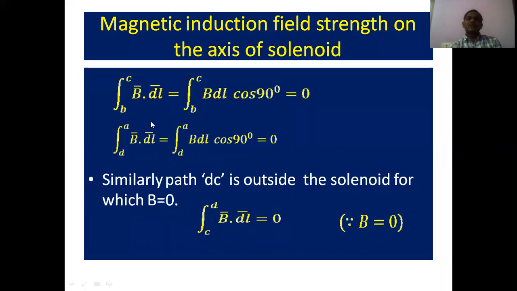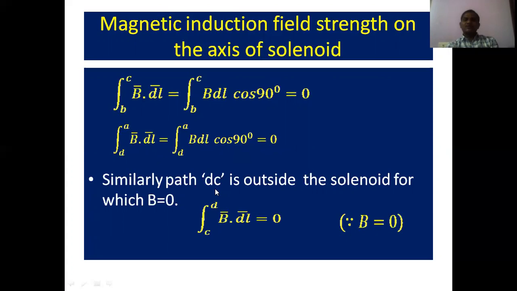So the integral from B to C of B bar dot dl bar equals the integral of B dl cos 90, which equals 0. Similarly, the integral from D to A of B bar dot dl bar equals the integral of B dl cos 90, which equals 0.